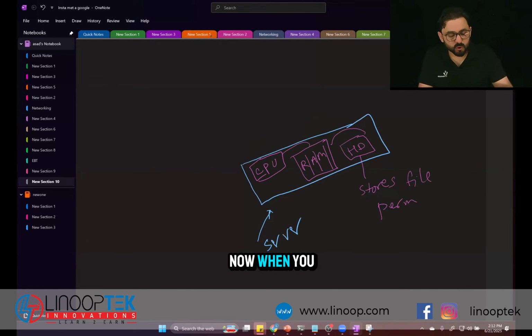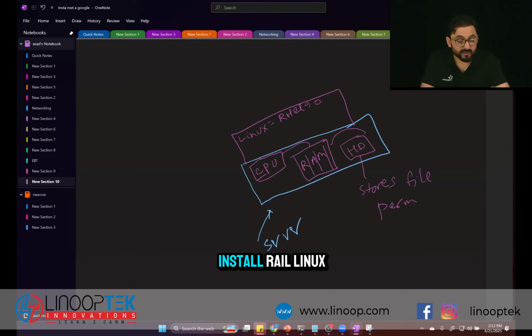Now, when you install Linux on a server, in this case, we have RHEL, version 9.0. When we install RHEL, Linux, on this hard drive, it gives me thousands of tiny programs.